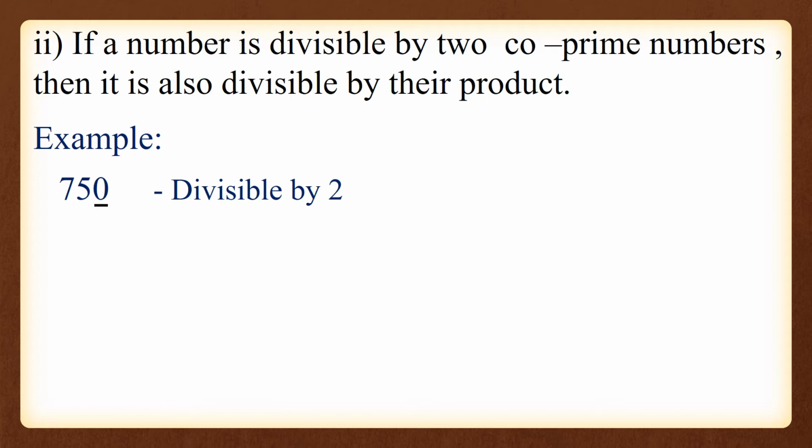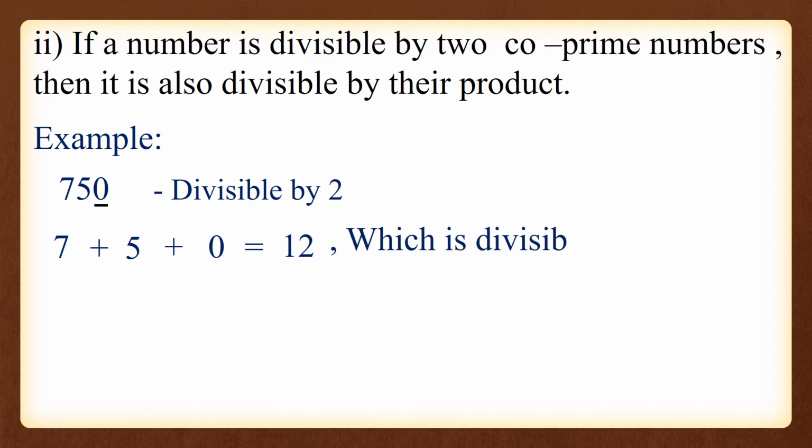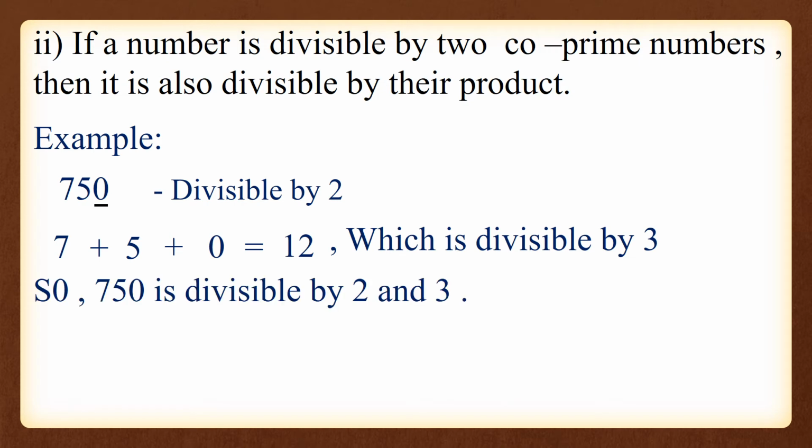If the last digit is 0, 2, 4, 6, 8, then it is divisible by 2. Therefore, 750 is divisible by 2. Next, 7 plus 5 plus 0 is equal to 12, which is divisible by 3. Therefore, 750 is divisible by 3. So, 750 is divisible by both 2 and 3.